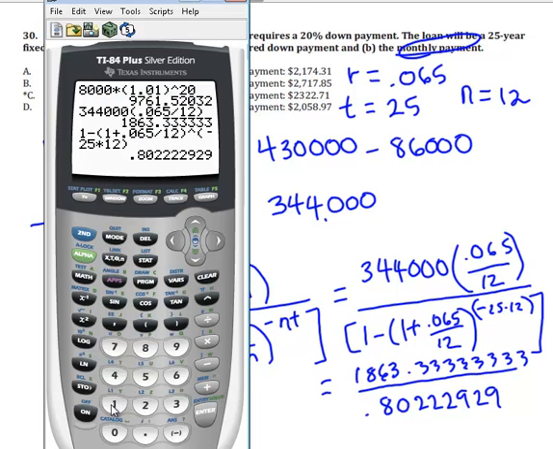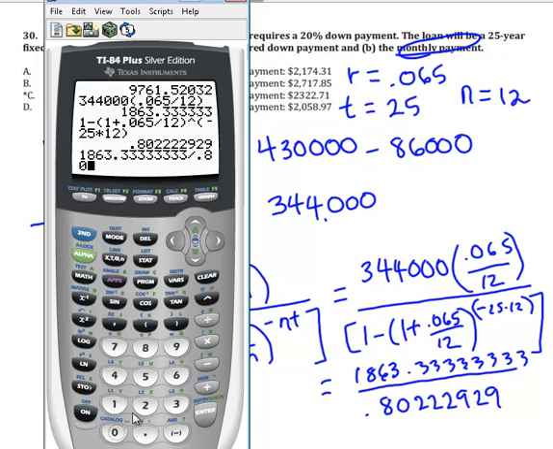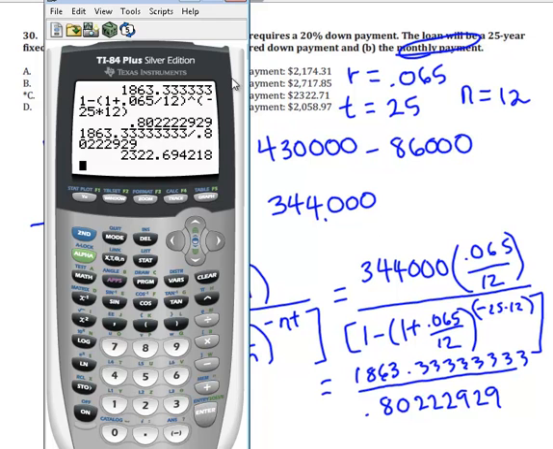And so now I'll just divide 1863.3333333 divided by 0.802222929. Now I left out one of the 2's in there, but there are 4 2's here, so I'm going to write that in there.